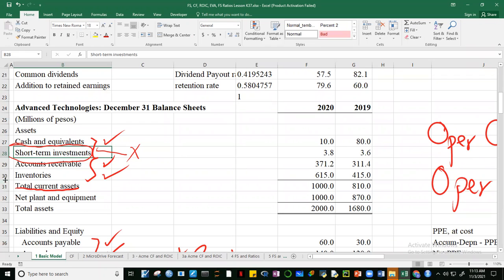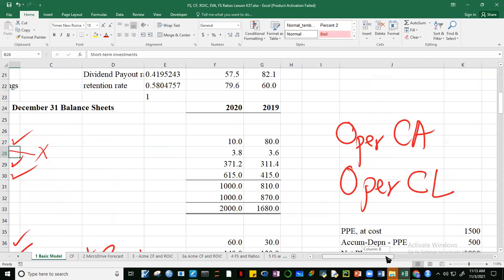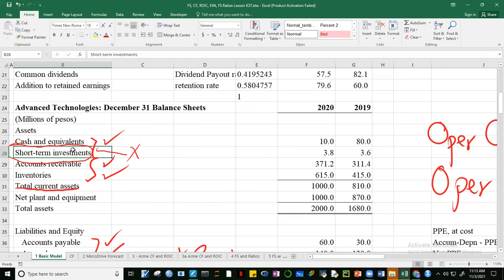If there were prepayments here, because those are the five types of current assets, prepayments would still form part of your operating current assets. Okay, so in this case, only the three, cash, accounts receivable, and inventories, are included as part of your operating current assets.